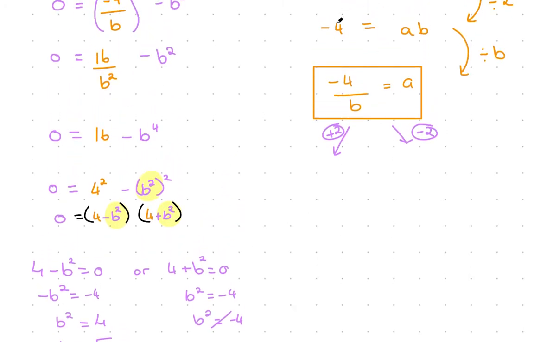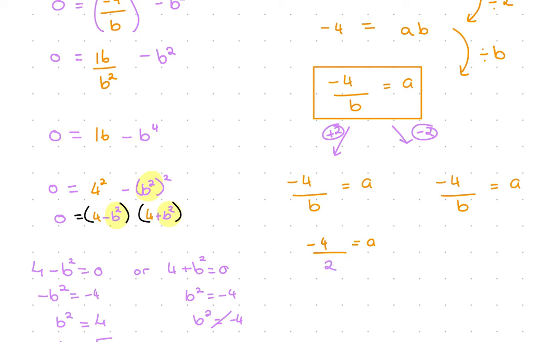So I'm going to have my formula, which is a is equal to minus 4 all over b. So I've got it on this side, and I've also got it on the other side here. And we're going to be taking it for when b was plus 2. So we have a is equal to minus 4 all over positive 2.